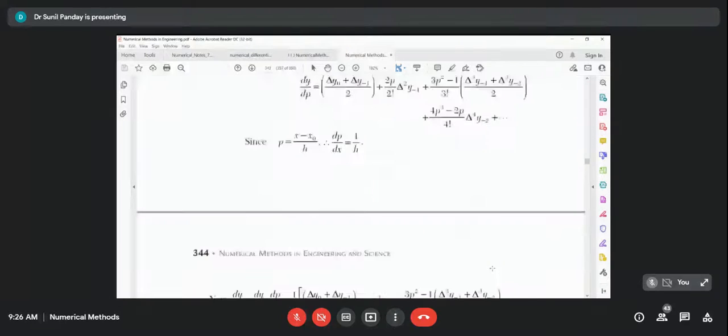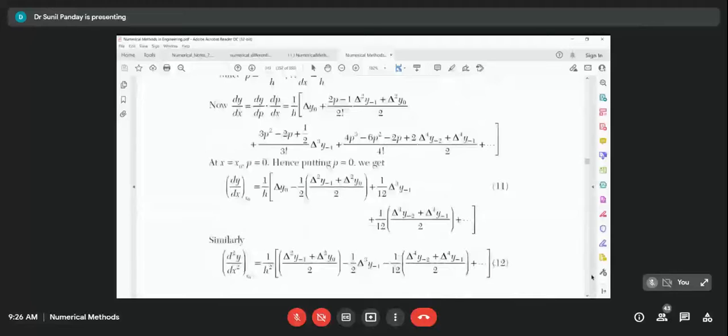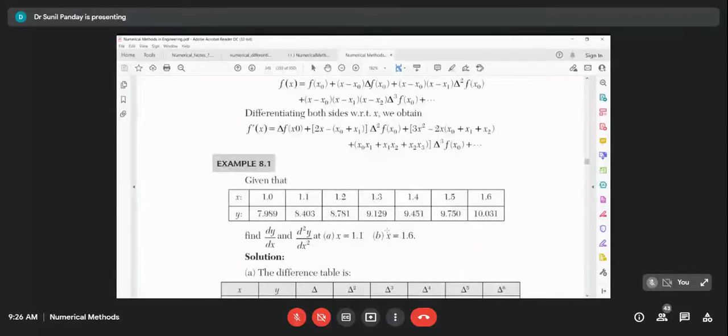Next, it is at the last point, so we apply the Newton backward interpolation formula.